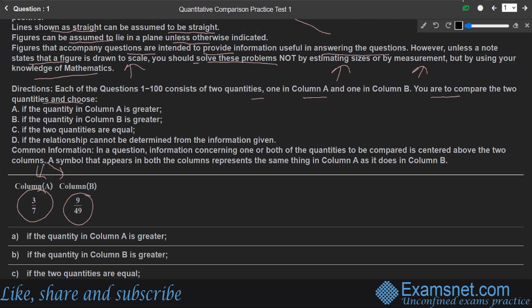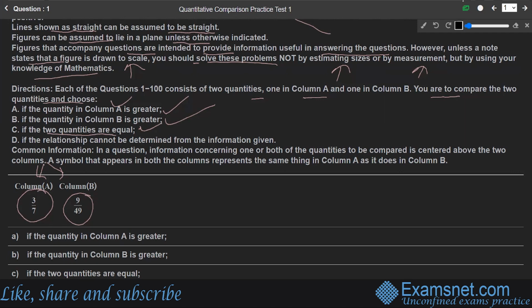Option A says if the quantity in column A is greater. So by seeing the values of column A and column B, if the value in column A is greater than the value in column B, we have to answer option A. Similarly, vice versa, if the quantity in column B is greater than column A, we have to answer option B. If the two quantities are equal, then we have to choose option C. D, if the relationship cannot be determined from the information given.